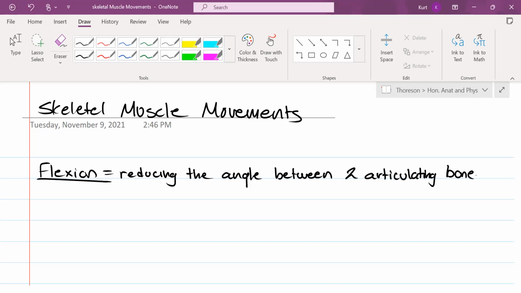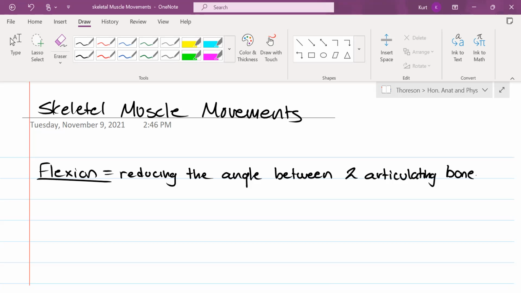What other parts of your body can actually flex besides your arm? Your leg. When you bring your heel closer to your booty, that is a flex. What else can flex? Fingers. Look at this. Fingers can flex. What else? Your head can flex.